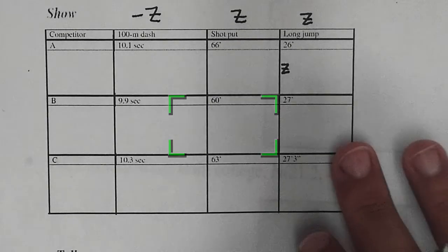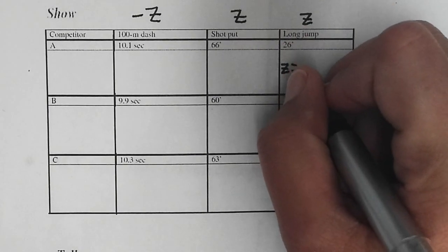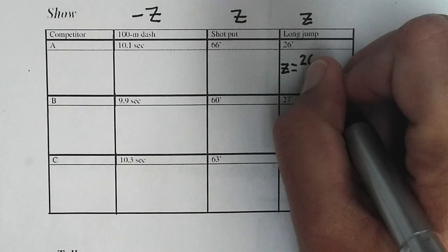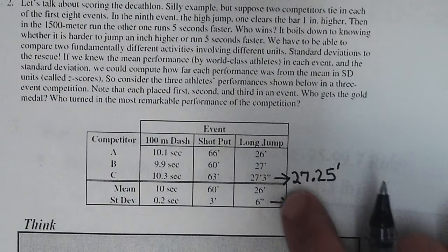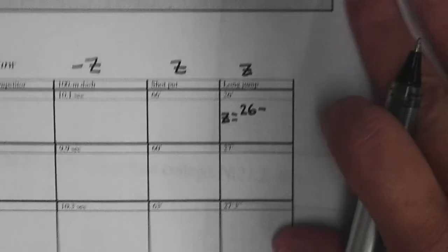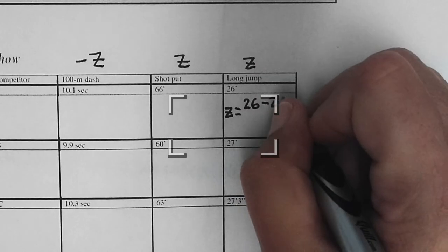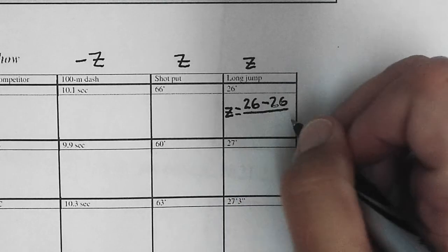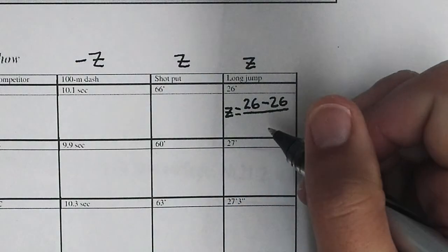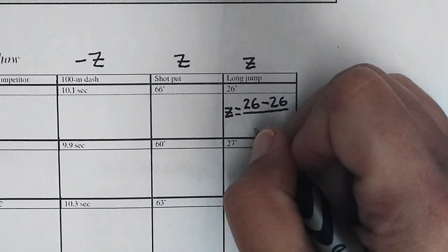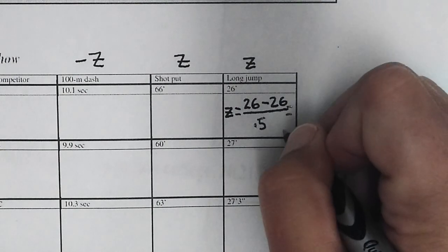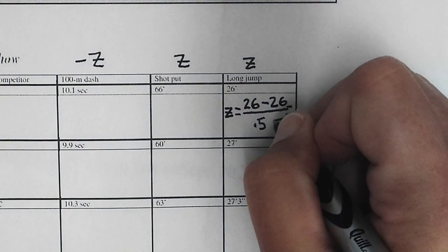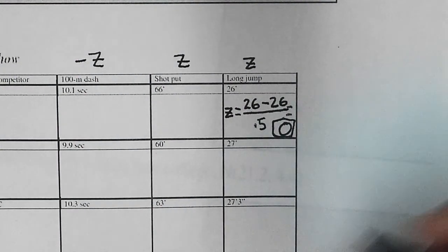Okay, so the z-score would be 26, the length of his jump, minus the mean. Well, the mean is also 26, divided by the standard deviation, which is 0.5. 26 minus 26 divided by 0.5 gives you 0. So he performed exactly at the mean.